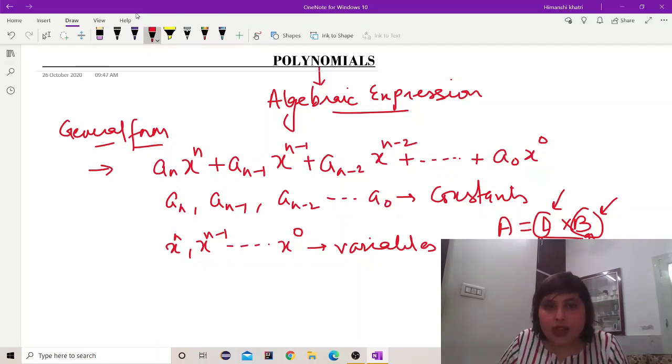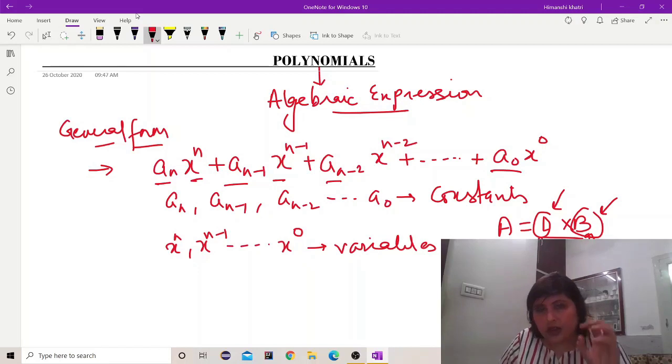Now see here, we have these constants in our expression, yes. We have variables in our expression, yes, and we have operations in our given expression. Hence, this is the general form of an algebraic expression. Now, one thing you have to remember is this a_n can't be 0.